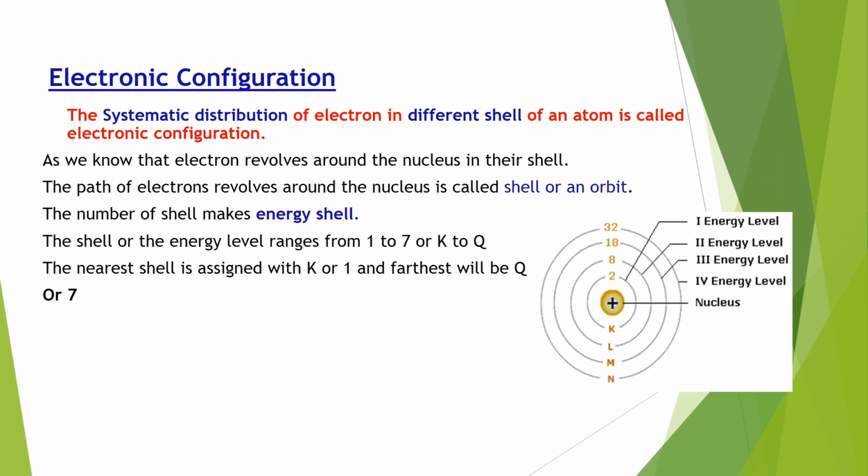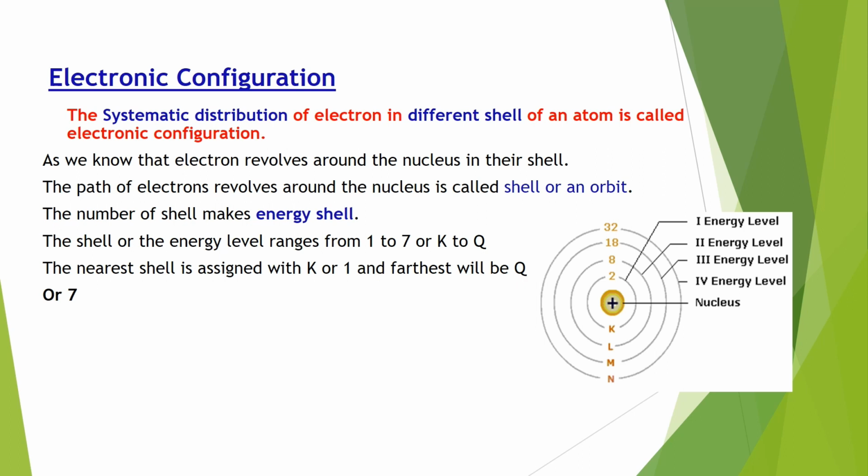What is that? It is the systematic method by which we decide how many electrons can be arranged in the different shells of an atom. That process by which we distribute the electrons in various shells is called electronic configuration.